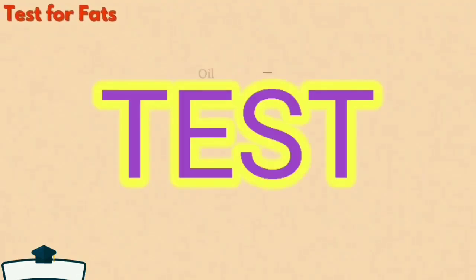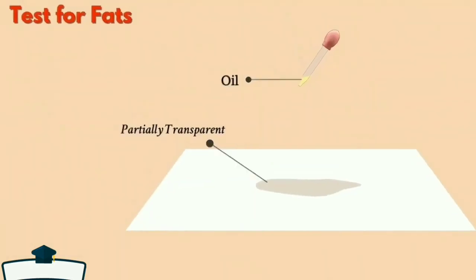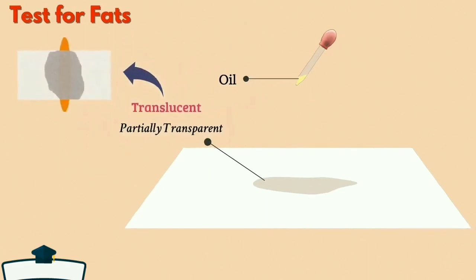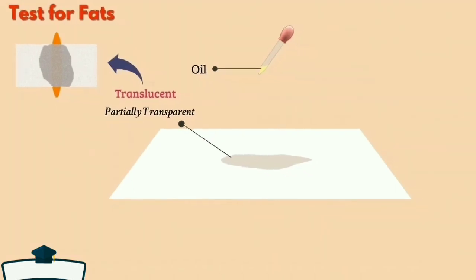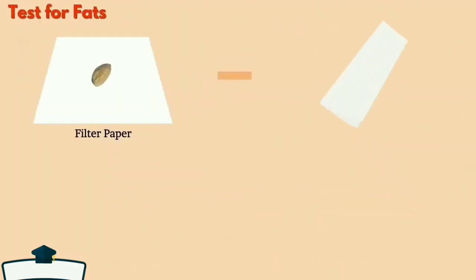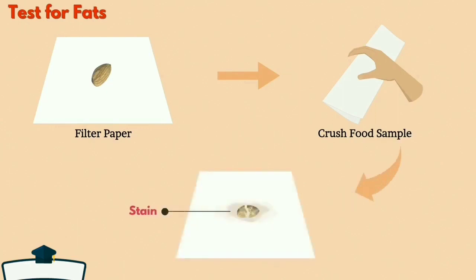Let's perform an activity to find out whether the food contains fat or not. When we put a drop of oil on a paper, it becomes partially transparent. For a partially transparent object, we use the term translucent. We will use this fact to test if the food contains fat or not. Take a food sample on a filter paper and crush it.